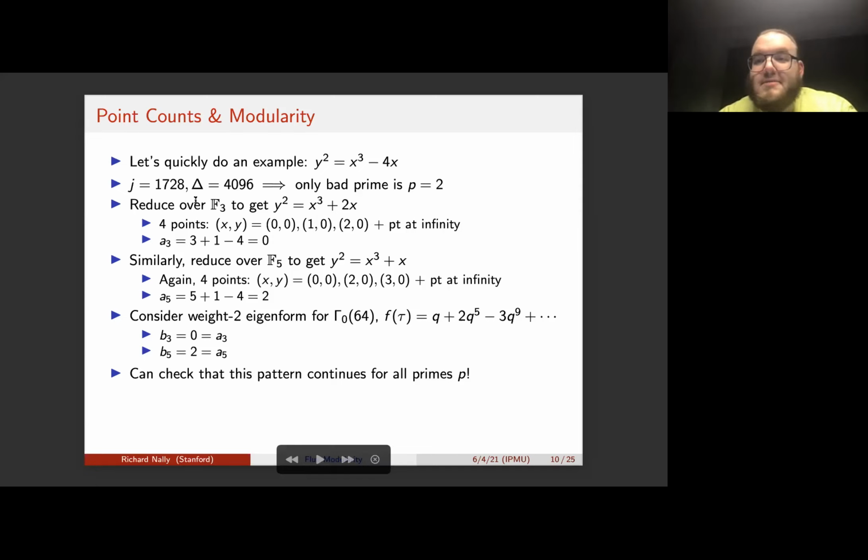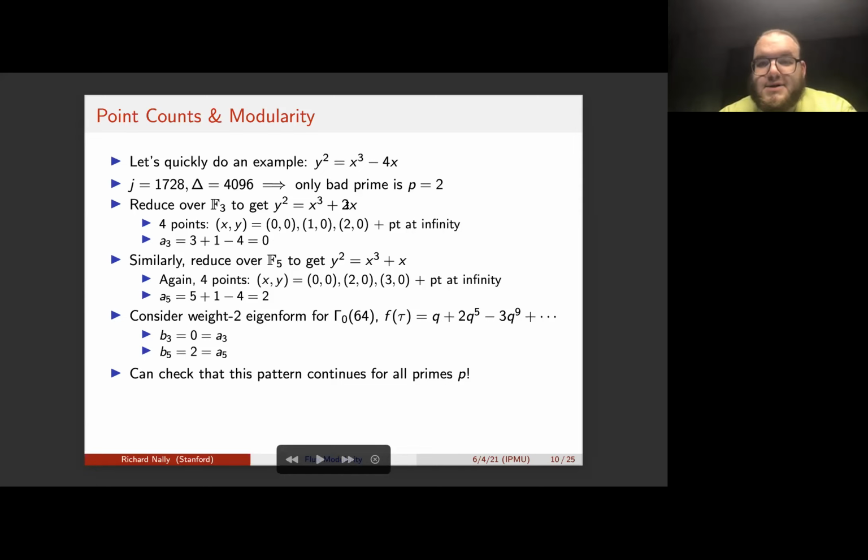So the first good prime is p = 3. Let's reduce over F3. Over F3, −4 is congruent to 2, so this elliptic curve becomes y² = x³ + 2. If you plug in x = 0, 1, 2 and y = 0, 1, 2, you'll see that there are 4 points: (0,0), (1,0), (2,0), and then the point at infinity.